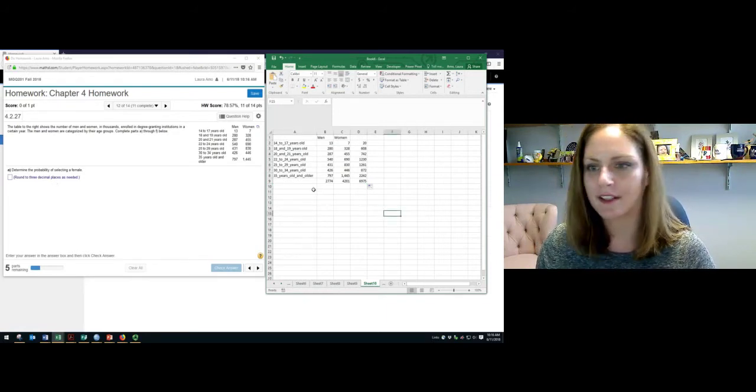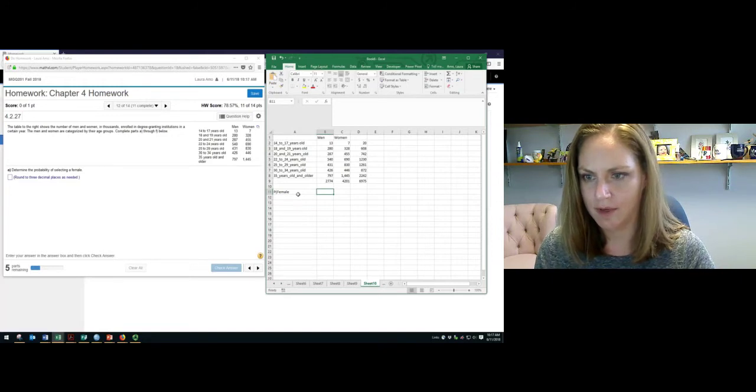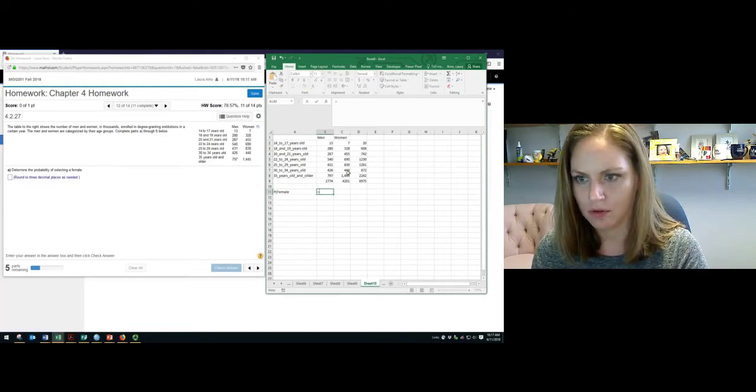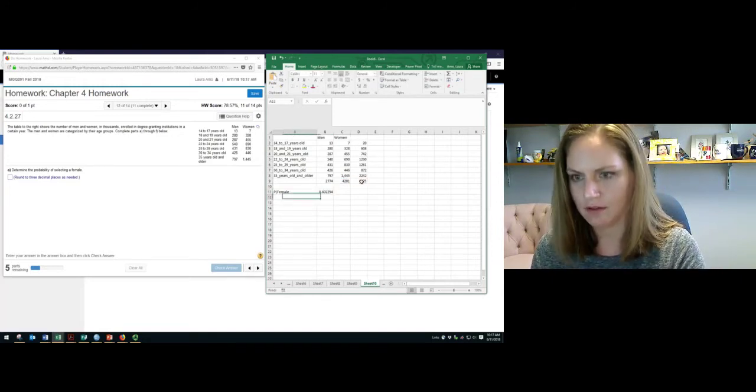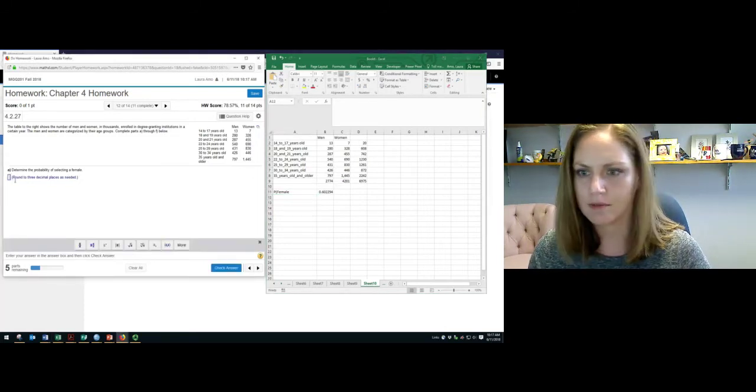Determine the probability of selecting a female. The probability of female is simply the total number of females divided by the total, 3 decimal places.